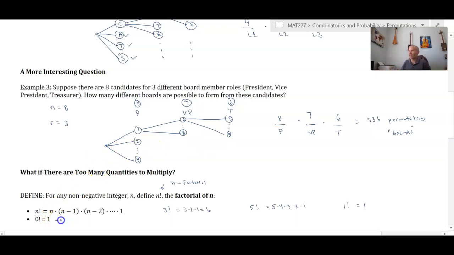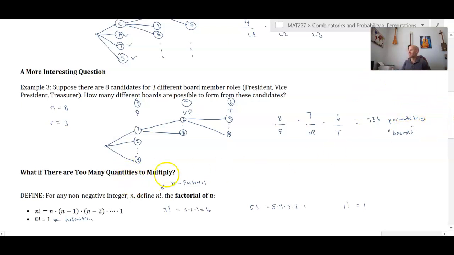So this is just a definition. And there is some logic to this. For example, let's say that I have 8 candidates and I'm going to select 0 of them. Well, how many ways are there to select 0 candidates? You might say 0 ways, but there's actually one way to do it. And that is by not selecting anybody. So it has some intuitive meaning behind it.